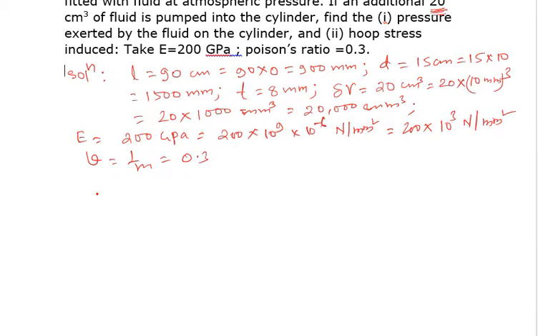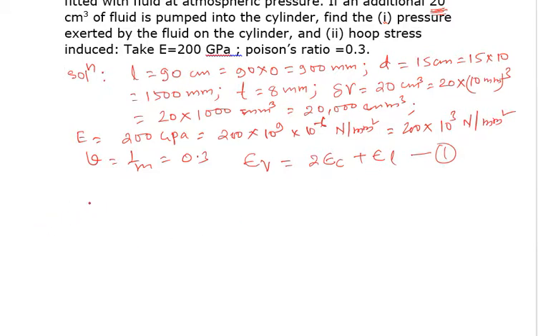We know that volumetric strain epsilon V is equal to twice of epsilon C plus epsilon L. Suppose this is equation number 1. Now we have to calculate these values, epsilon C and epsilon L.